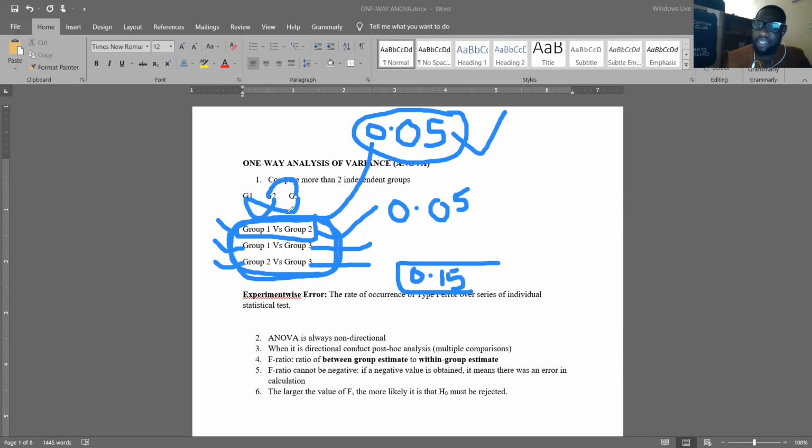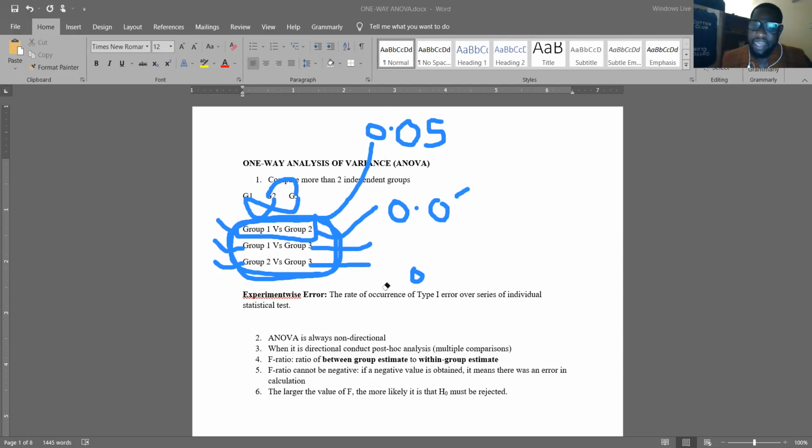By using independent t-test and running it separately, your error will be more. Whenever you use independent t-test severally and your error becomes more, we call it experiment-wise error. So the 0.15 that we have here is a typical experiment-wise error.